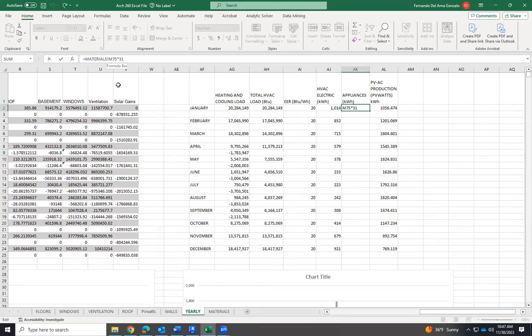If I want to use always the same cell, I will type dollar and dollar. And now I can copy this here. Control C, Control V. In February, we have 28 days. In March, we have the same because we have 31 days.